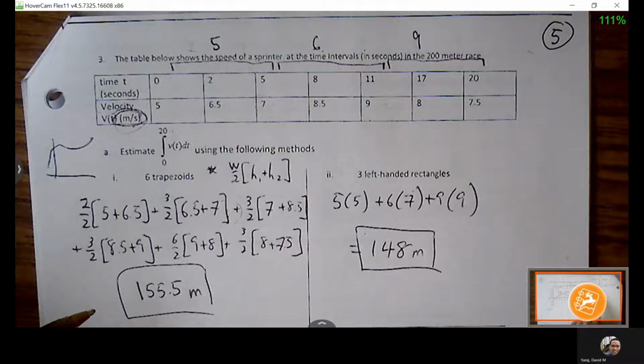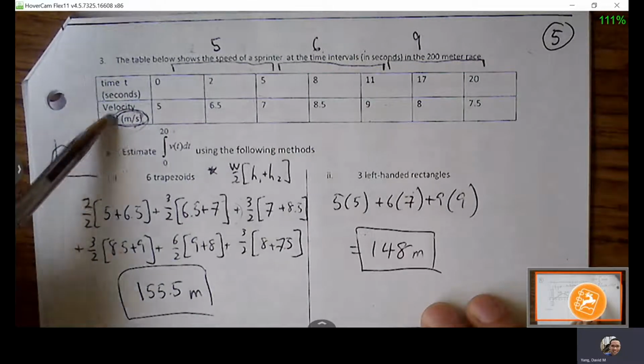The height of what? Oh, the height comes from the second row.